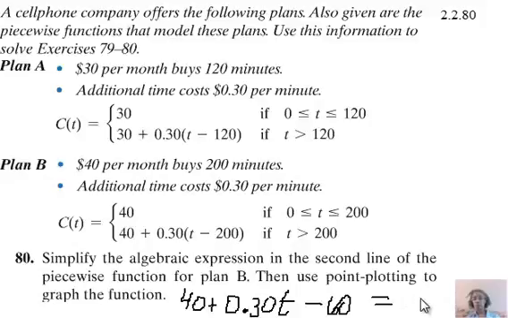So this is equal to 0.30t minus 20. 40 plus a negative 60 is minus 20. So anytime my time value is over 200, I'm going to be paying this monthly payment: 0.30 times the number of minutes I used, minus 20.